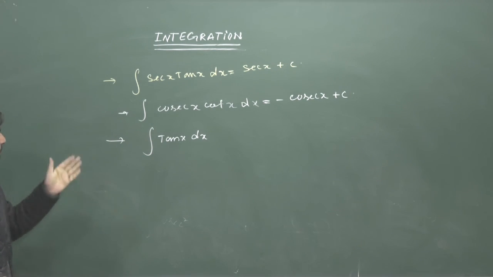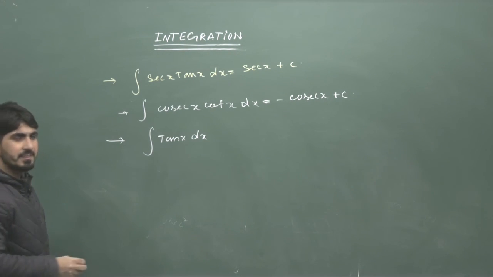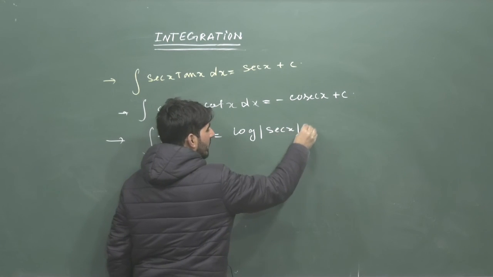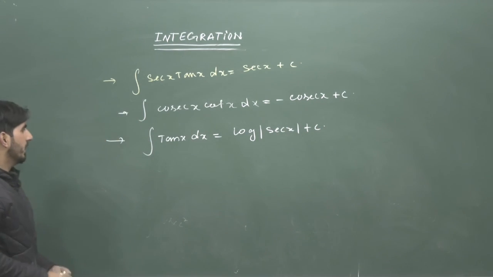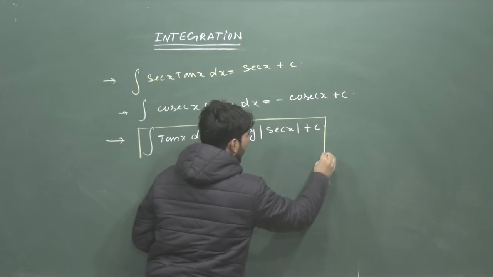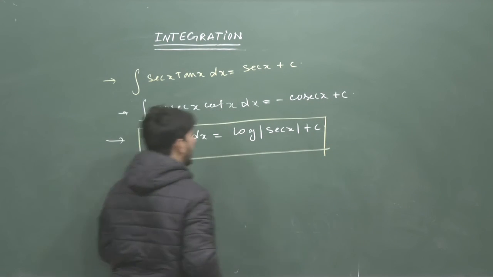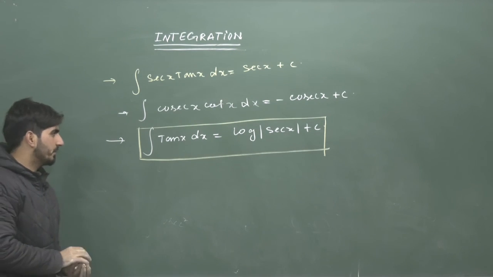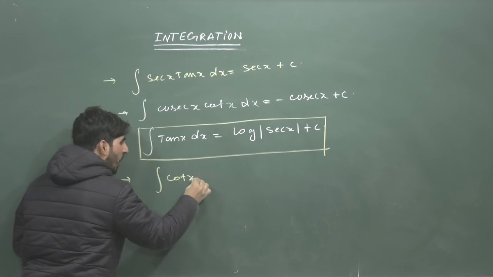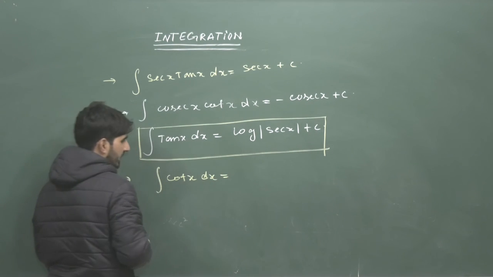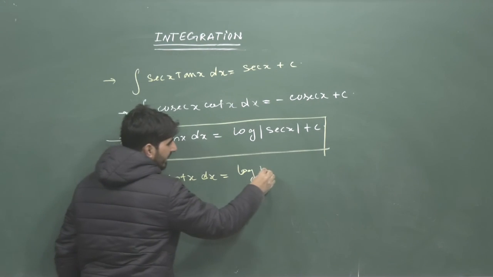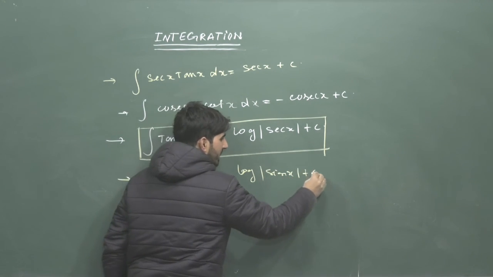But you have to remember this point here. Integration of tan x is log of modulus of sec x plus c. We will discuss it when we take integration by substitution. So what is integration of cot x dx? This is equal to log of mod of sin x plus c.